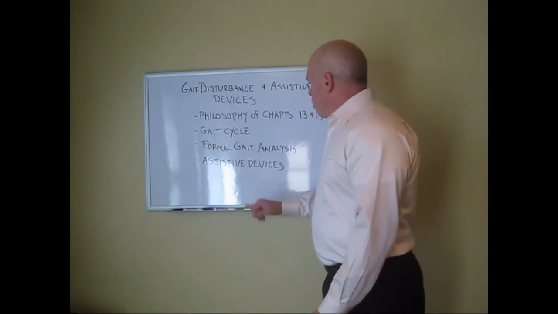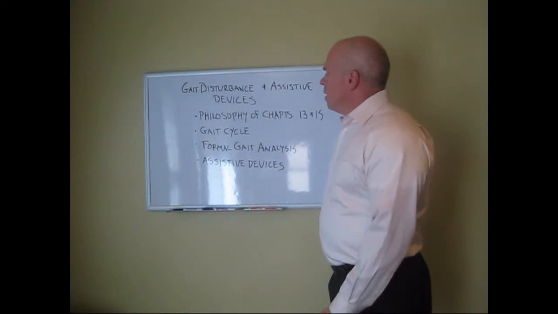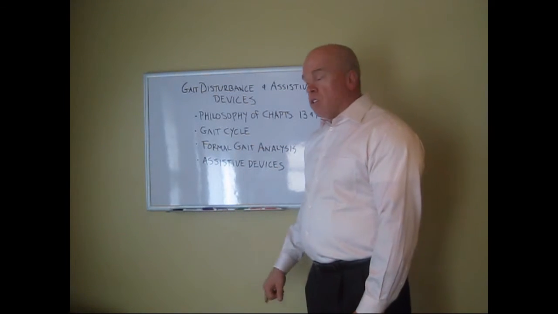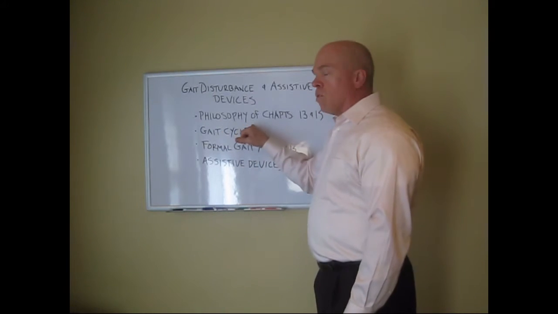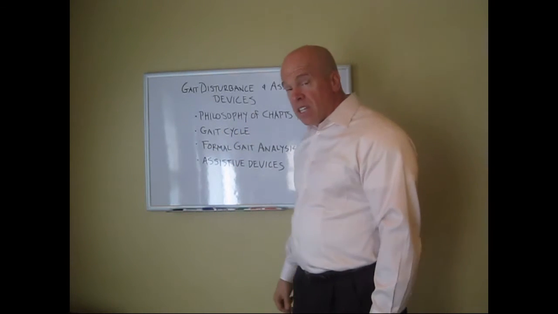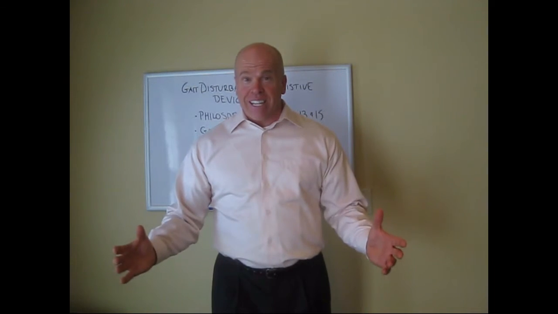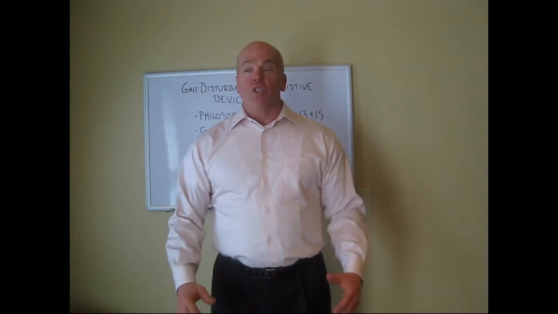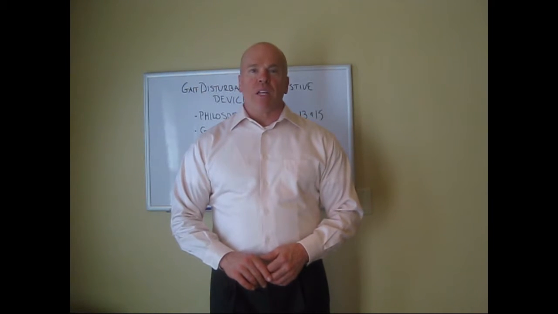On the 3rd week, we're going to go over the procedure involved with conducting the formal gait analysis. And I'll talk a little bit in today's discussion under philosophy about the necessity of performing some sort of formalized procedure for the assessment of gait.